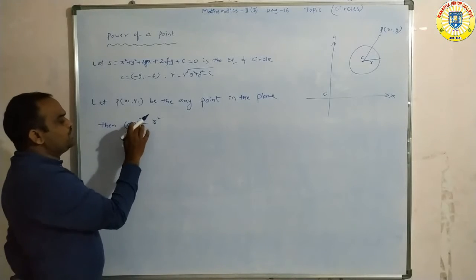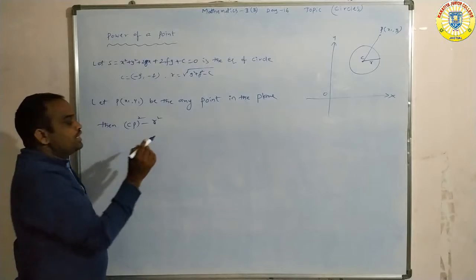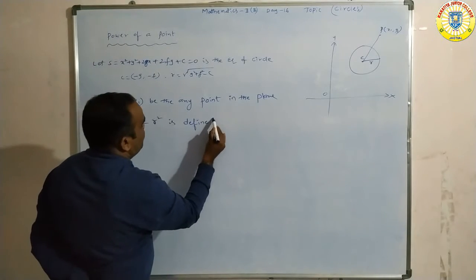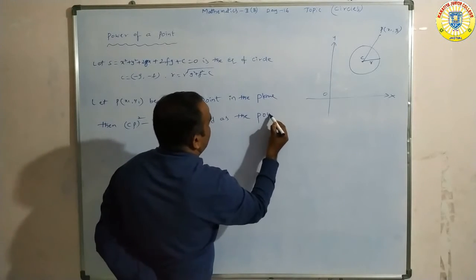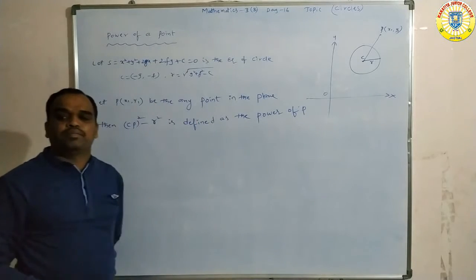The value of CP square minus r square is defined as the power of P.